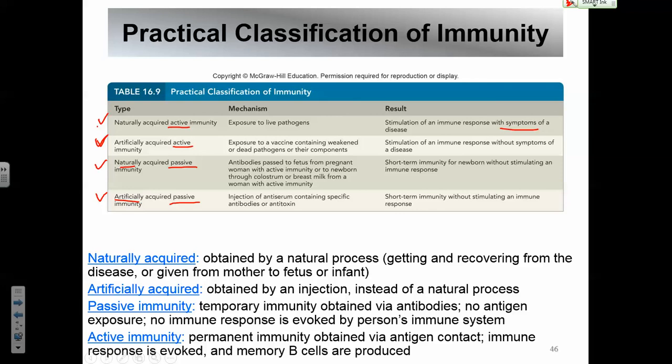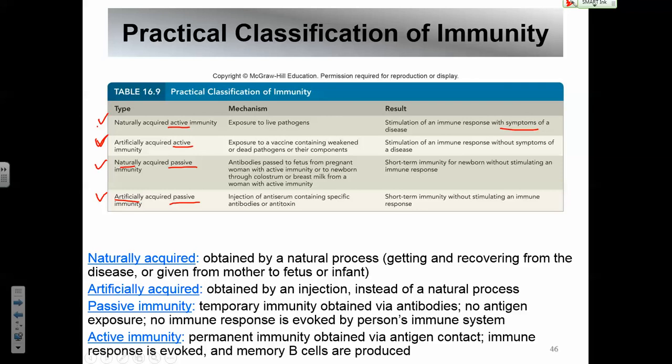And then the artificial way would be like if you got a gamma globulin shot. Like if somebody has hepatitis A in your family, they'll probably suggest that all the family members, people they live with or in close contact with, go to the doctor, get a gamma globulin shot, and it's loaded with antibodies for hepatitis A. Okay? So that temporarily they won't get it, but they may get it 3 years from now.